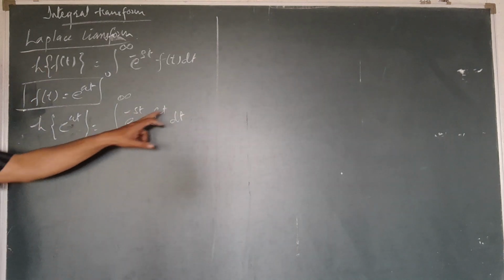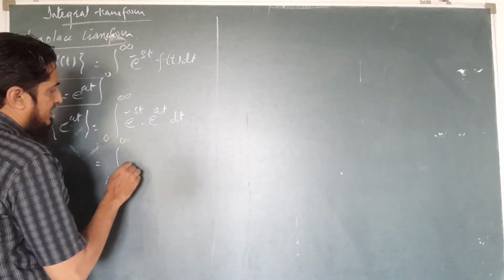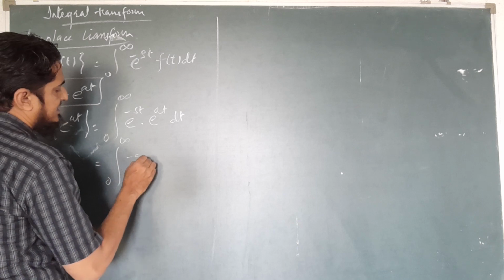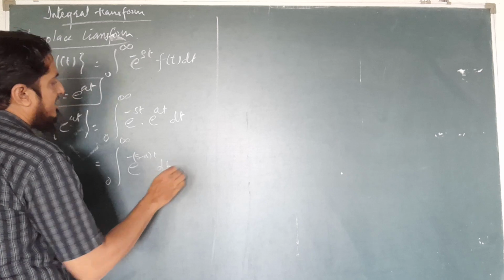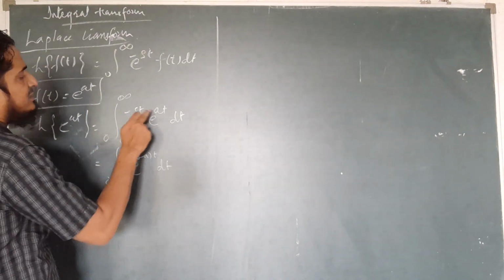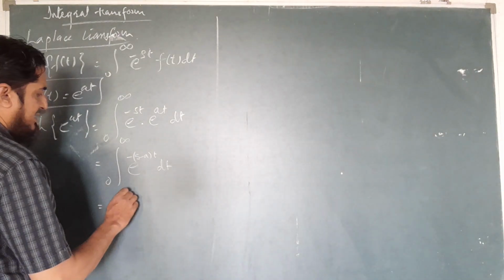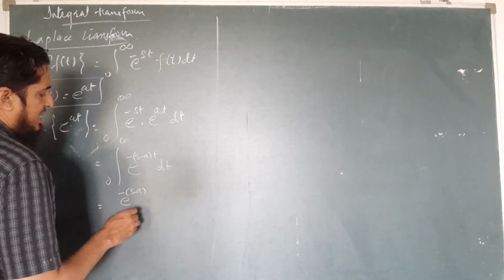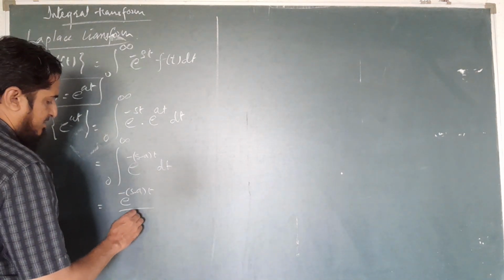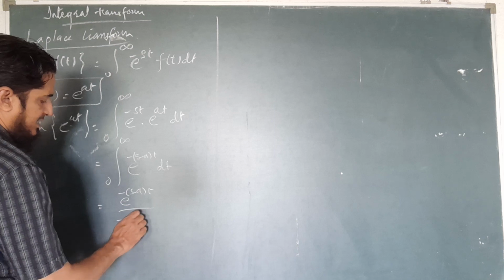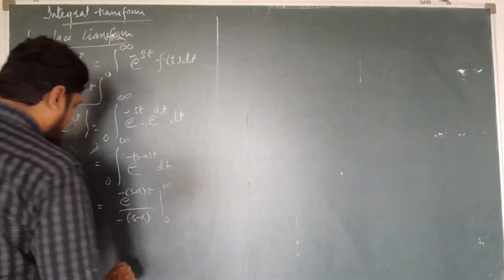And we have t in common, so we can write it as the integration from 0 to infinity of e raised to minus (s minus a)t dt. Now integrating this, we will get e raised to minus (s minus a)t upon minus (s minus a), with the limit running from 0 to infinity.